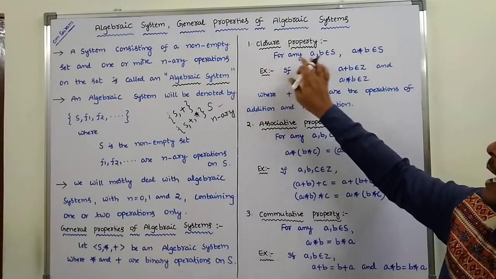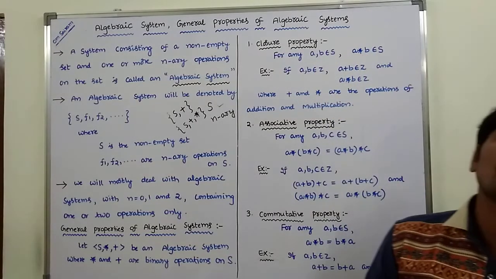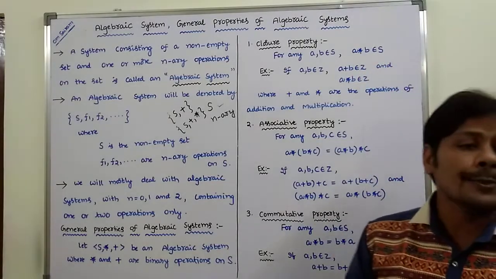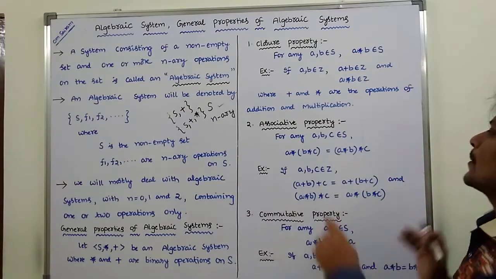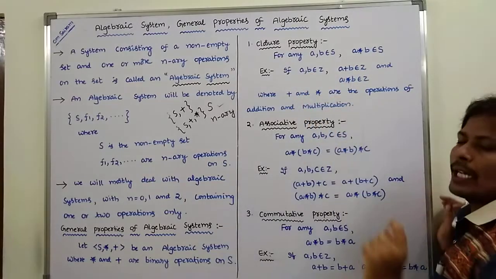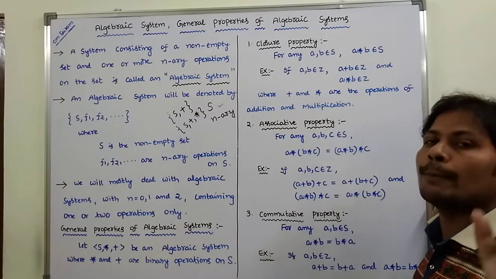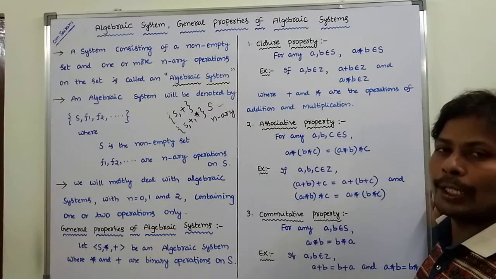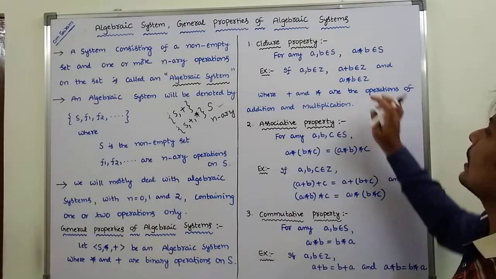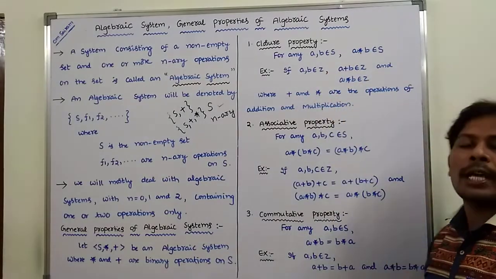Closure property: for any A comma B belonging to S, A star B also belongs to S, like A plus B also belongs to S. For example, if A comma B belongs to Z, where Z is the set of integers containing both positive and negative elements, then A plus B belongs to Z and A star B belongs to Z. So this is the closure property.